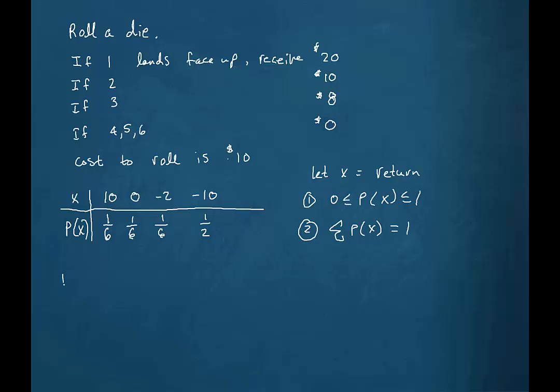Now, if we wanted to find the expected value of this distribution, we would do that by adding up the products of the values of the random variable and their respective probabilities.